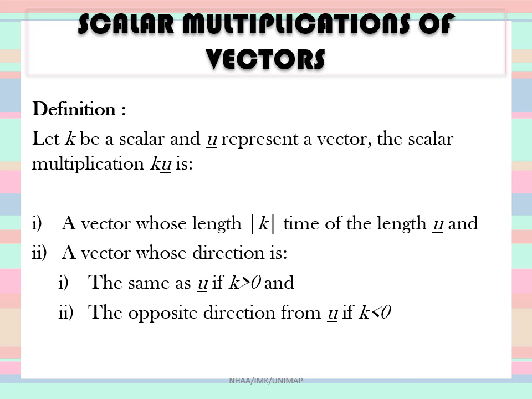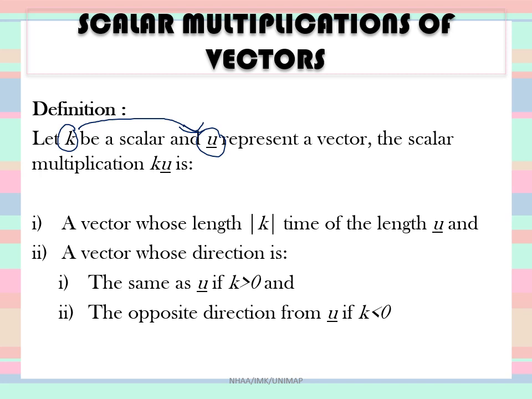When you multiply k to u, here is the property of scalar multiplication. Multiplying k to vector u means you have a vector whose length is k times the length of u.